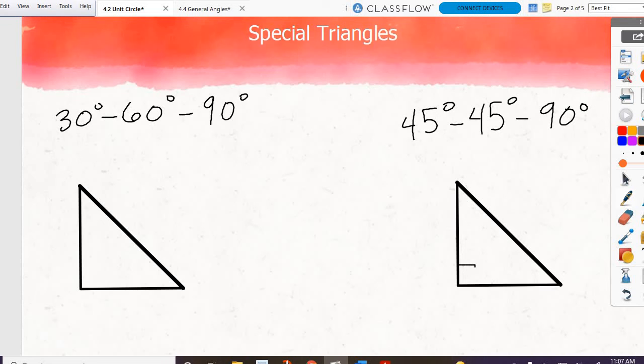So if both of my angles are 45, what is going to have to be true about the sides? Which ones will be equal? The two legs. Yeah, the ones that are not the hypotenuse, yes? So those would both have to be x. Agreed? Okay. Now, if these are both x, how can I find my hypotenuse?